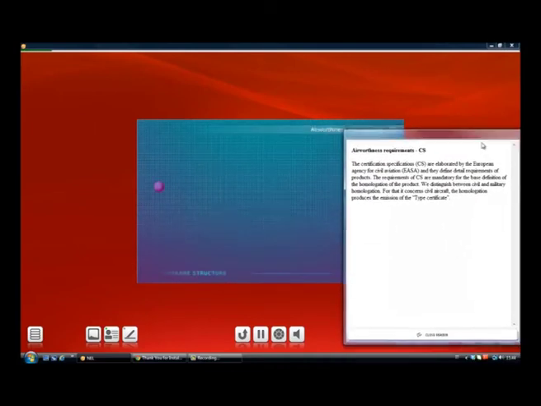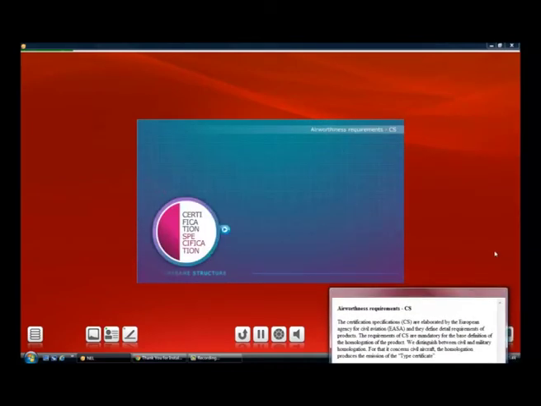The certification specifications, CS, are elaborated by the European Agency for Civil Aviation, EASA, and they define detailed requirements of products. The requirements of CS are mandatory for the base definition of the homologation of the product.